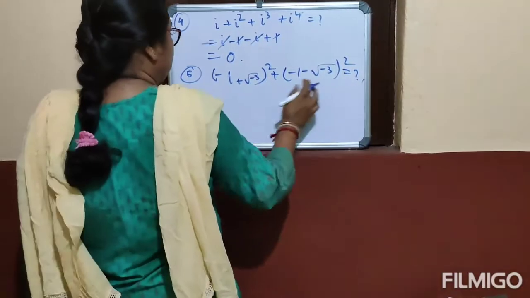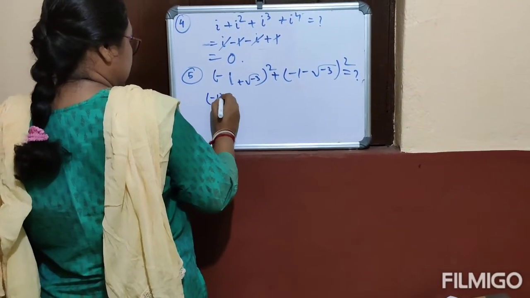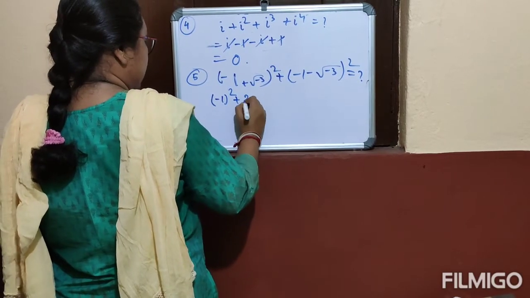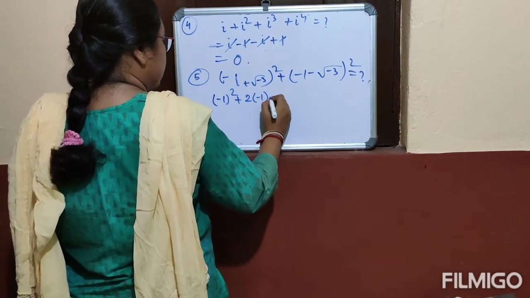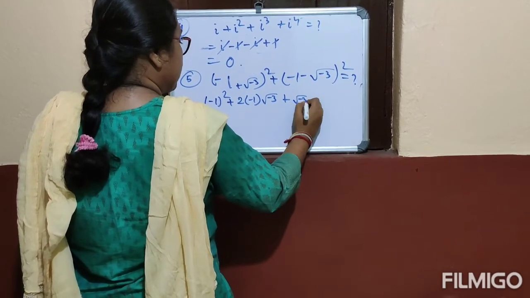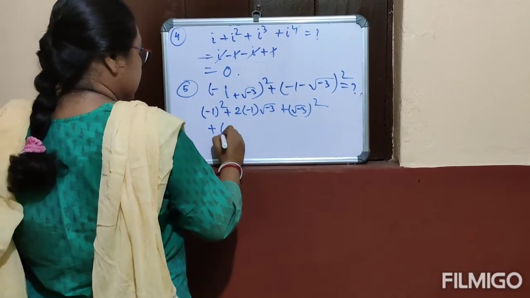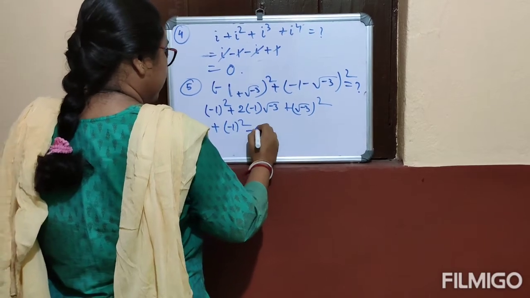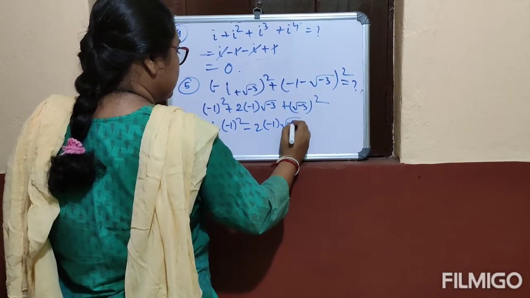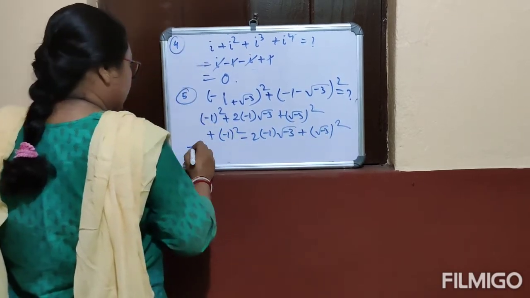Now example number 5. Find the value. So (a plus b) whole square. This is equal to 1 square plus 2 into minus 1 into root of minus 3, plus root of minus 3 whole square, plus minus 1 square minus 2 into minus 1 into root of minus 3 plus root of minus 3 whole square.